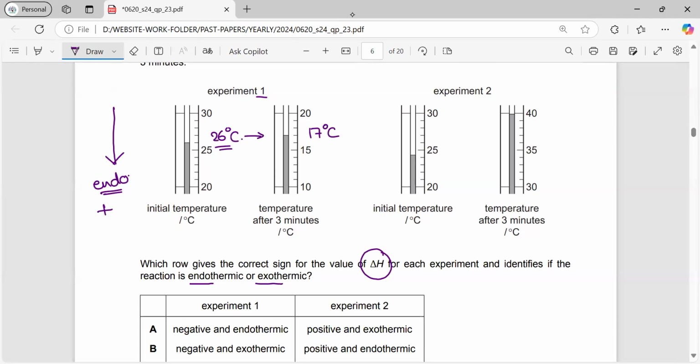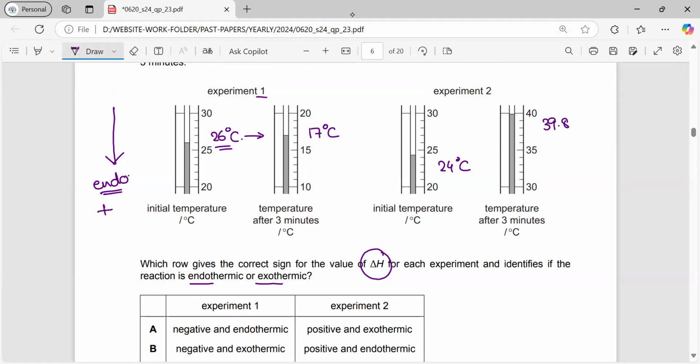Experiment 2: the initial temperature is 24 degrees, and the final temperature after 3 minutes is almost 40. We'll consider it 39 or 39.5 or 39.8, because it is a little bit lower than 40.